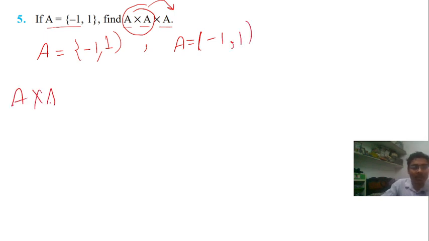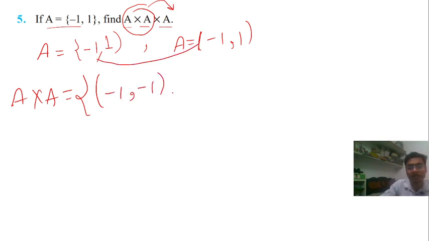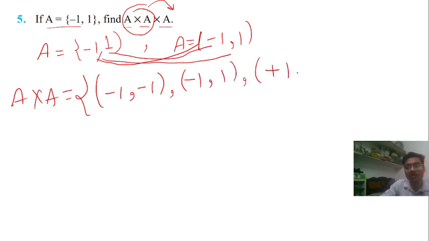So A cross A will be minus 1, minus 1, then minus 1, plus 1, then plus 1, minus 1, then plus 1, plus 1.